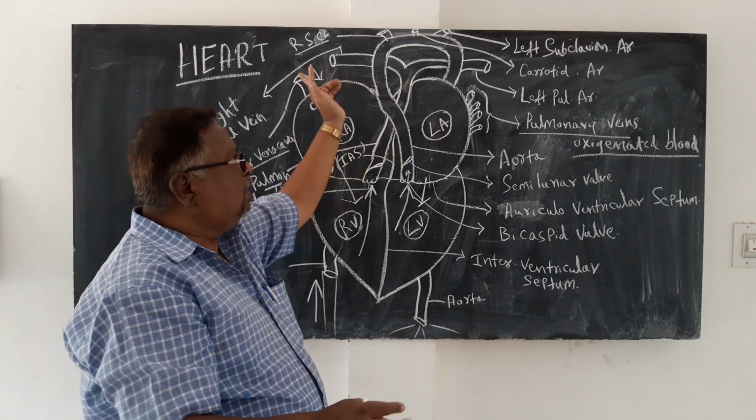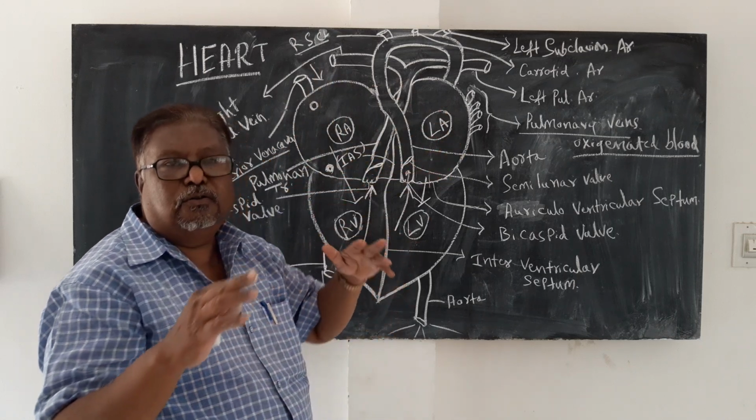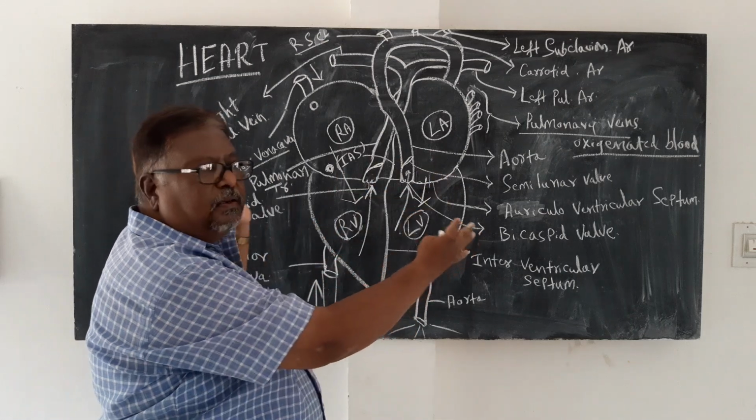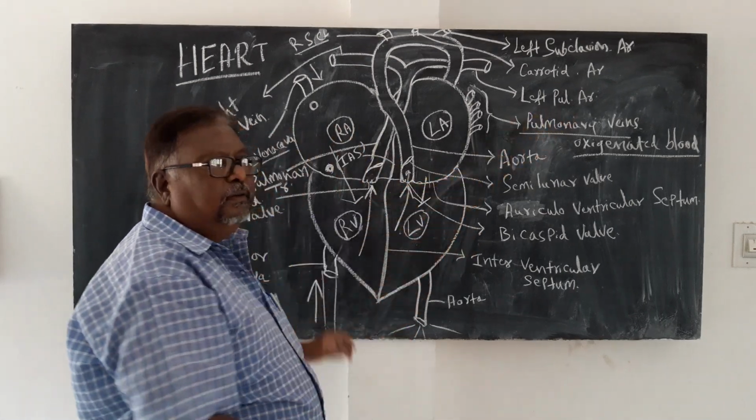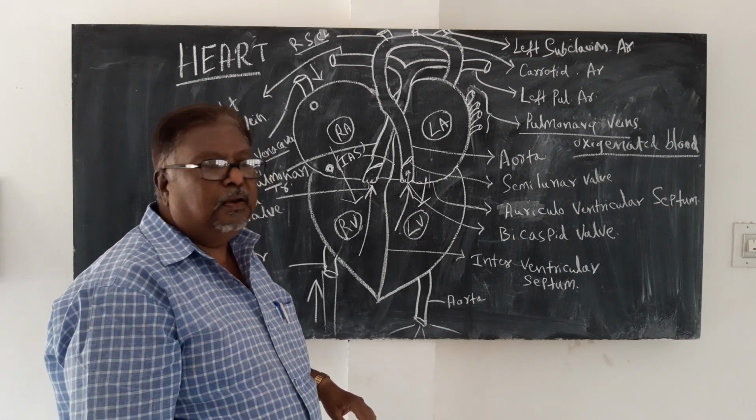These arteries take the venous blood to the right and left lungs for purification.